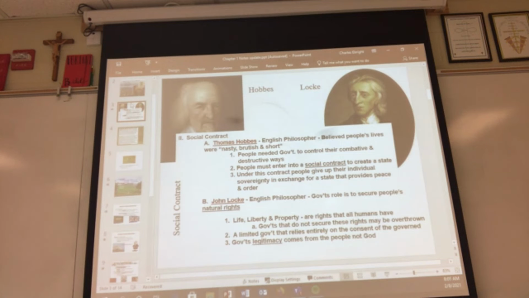Obviously talking about a social contract here. And he really believed in representative democracy rather than a monarch, which is pretty bold in 1680. And obviously you'll talk about him in your long answer.